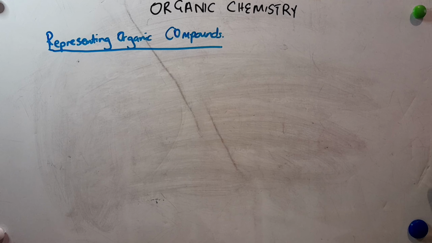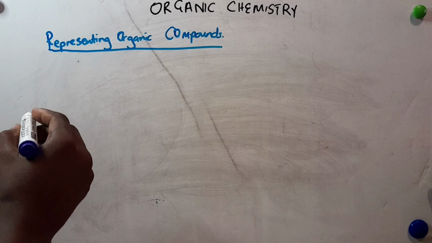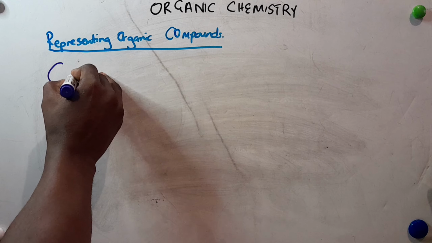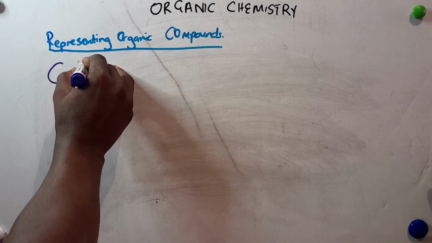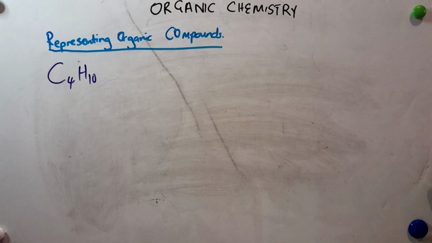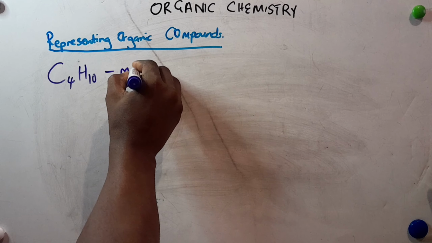So also you need to learn how to represent organic compounds even before we start with organic chemistry, right? There are 4 ways in which you can represent organic compounds. The first one is the molecular formula. How is the molecular formula written? It is simply something like this.